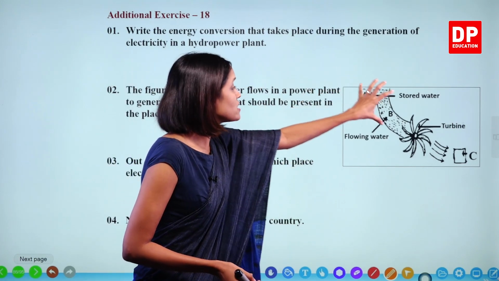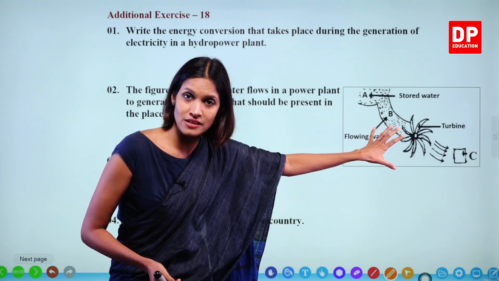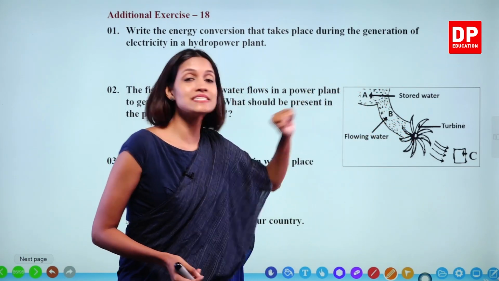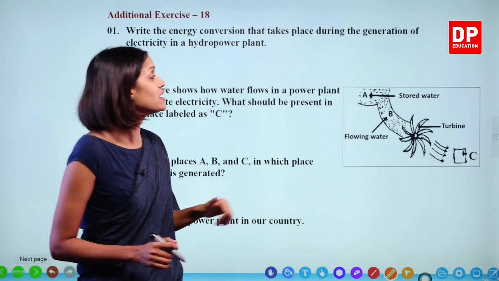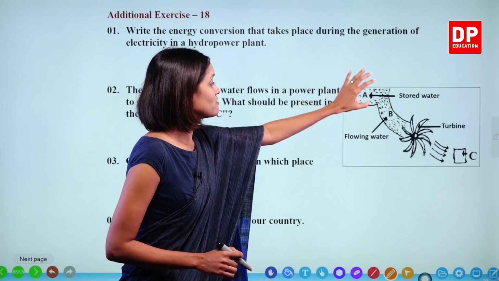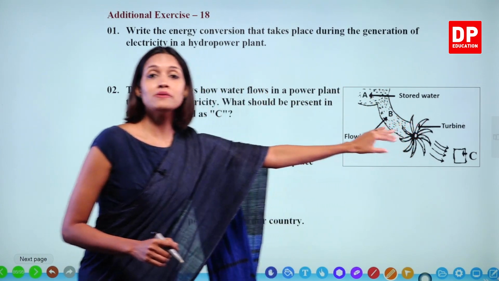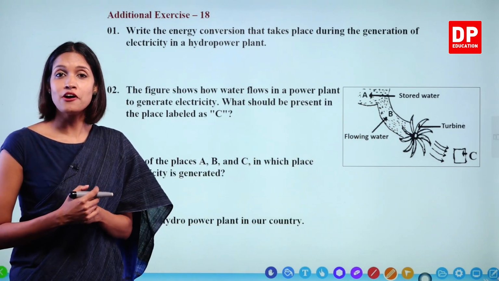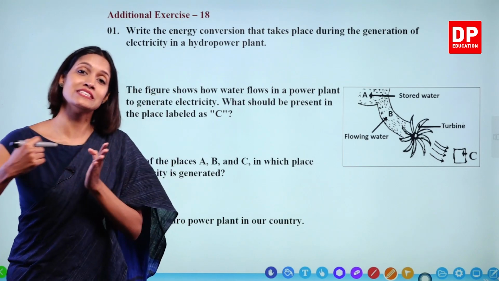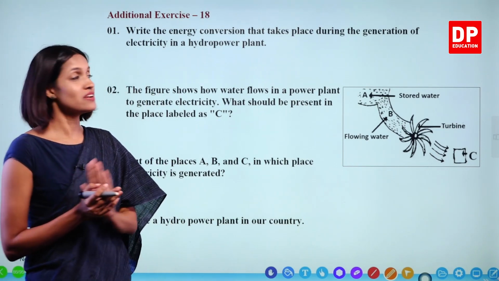So from the reservoir to the turbine, water flows. Flows means moves, right? The moving water contains what type of energy, children? Kinetic energy, right? So potential energy converts to kinetic energy, and kinetic energy can make the turbine work and thereby electricity is generated. Therefore, finally electricity is generated and electric energy is produced, right?